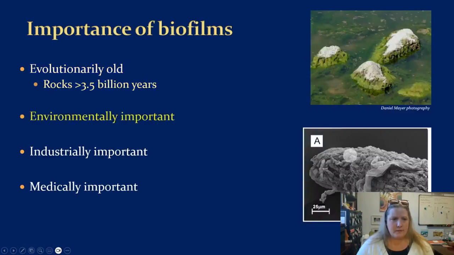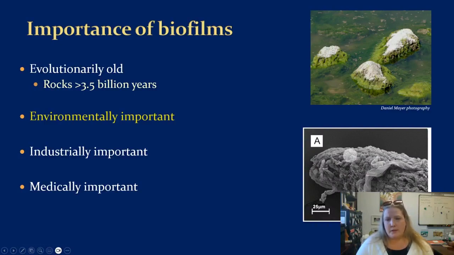They're environmentally very important, so they help contribute to the global photosynthesis chain, as you can see with the green algae on the rocks. And algae are not bacteria, they are eukaryotes, but we also have photosynthetic bacteria that participate in these types of communities. They also are primary producers, so they're very important for the food chain because a lot of organisms graze on them.